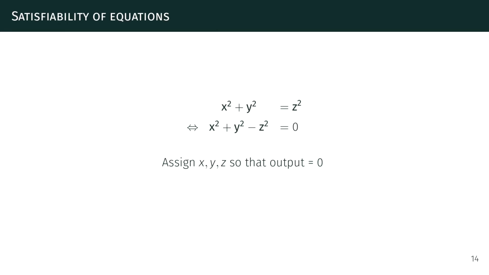Instead of talking about equality, talk about the 2 sides being equal, talk about the difference between the 2 sides being 0. So just transform it like this, build an arithmetic circuit to represent the left side, and then talk about satisfiability of that circuit so that this left-hand side becomes 0, and then you know that these values satisfy that equation.